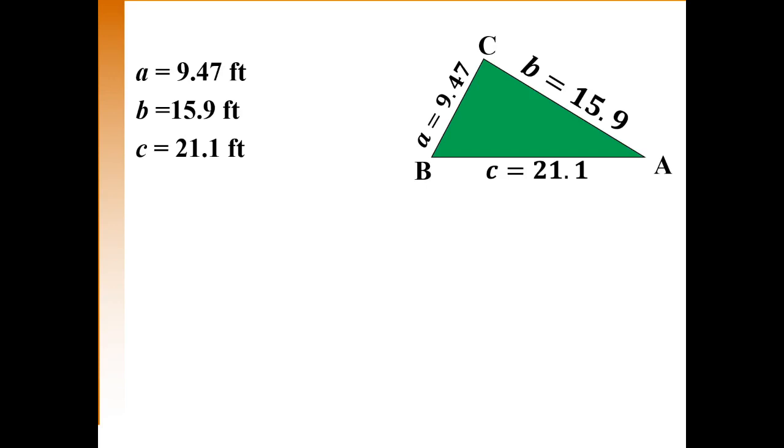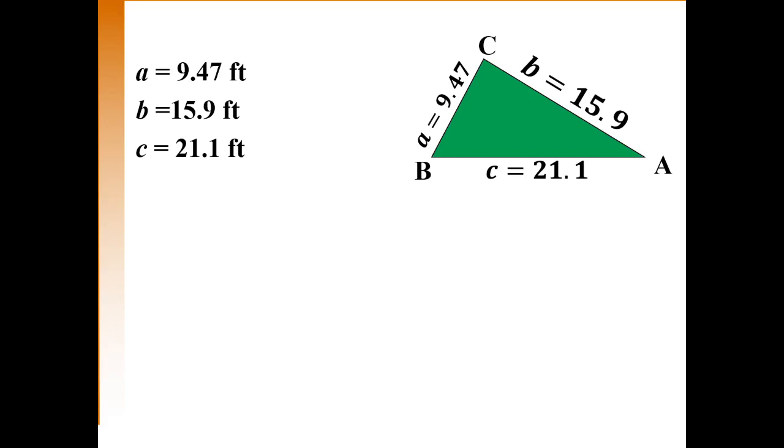Here we are given three side lengths, and we want to solve the triangle. Before I start trying to find angle A, B, and C, I'm going to take the two smaller sides, 9.47 and 15.9, and add them together to make sure that their sum is larger than 21.1.